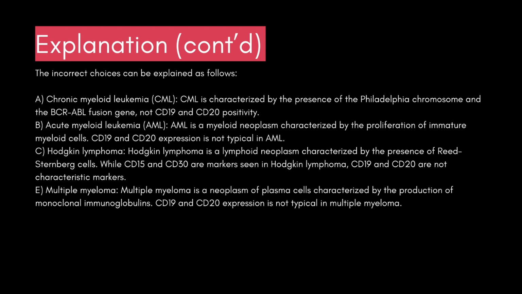Hodgkin lymphoma is a lymphoid neoplasm characterized by the presence of Reed-Sternberg cells. CD15 and CD30 are seen in Hodgkin lymphoma. CD19 and CD20 are not characteristic markers. Multiple myeloma. Multiple myeloma is a neoplasm of plasma cells characterized by the production of monoclonal immunoglobulins. CD19 and CD20 are not typical in multiple myeloma. Let's go ahead and move on to the next question.